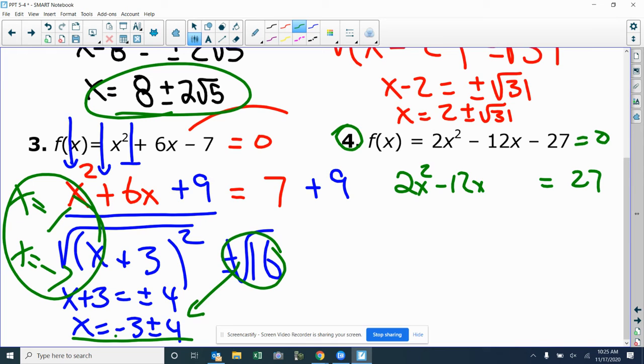Divide by 2. Divide everything by 2, all the way across. What's 27 over 2? That's 13 and a half.